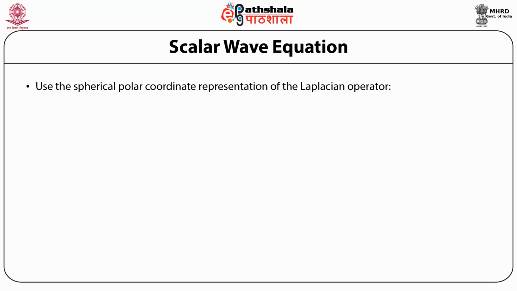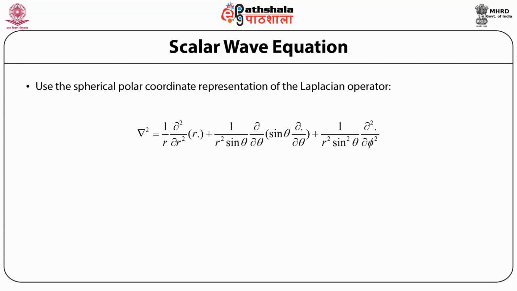We use the spherical polar coordinate representation of the Laplacian operator, that is ∇² equals 1 divided by r ∂²/∂r² of (r ·) plus 1 divided by r² sinθ ∂/∂θ of (sinθ ∂/∂θ ·) plus 1 by r² sin²θ ∂²/∂φ² (·), where dot represents the function on which it acts.